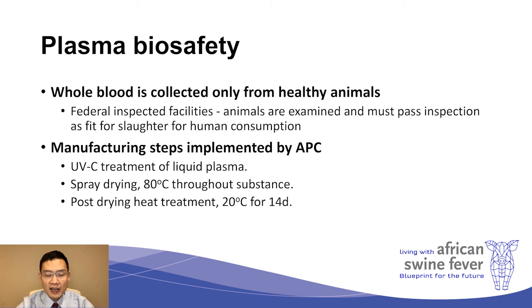First, we're collecting blood from healthy animals, and those animals have to go through federal inspections, and those animals are fed for human consumption to be able to be processed at the facility where we're collecting our blood.